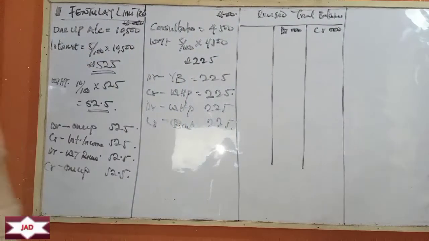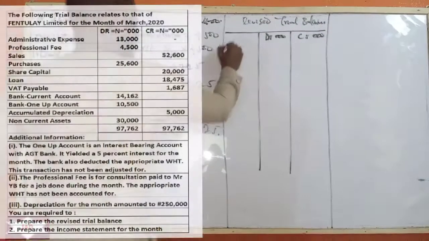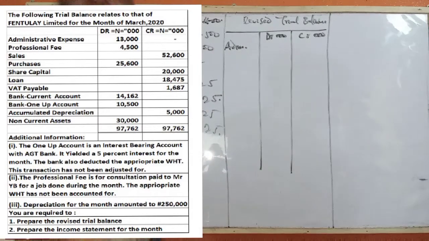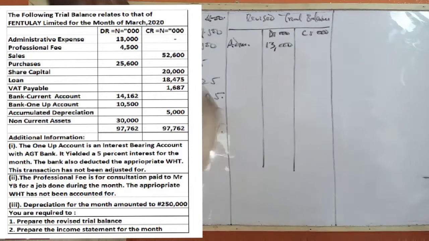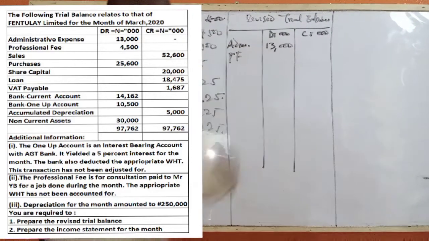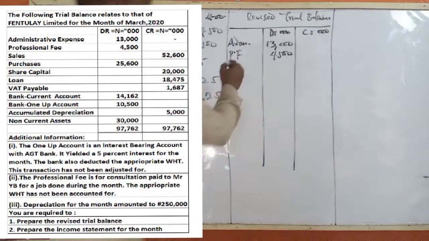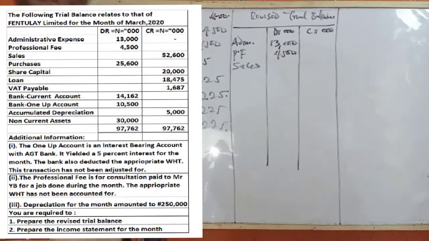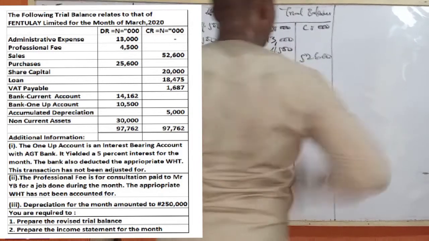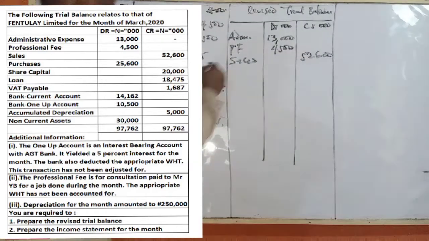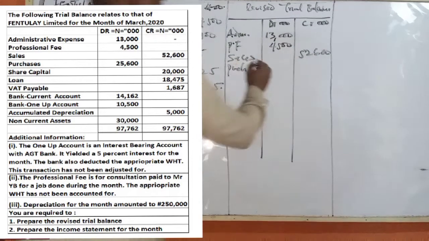So what are the items there? I can see administrative expenses, 13,000. Professional fee, 4,500. Sales, I can see sales to be 52,600. Okay, purchases, I can see it to be 25,600.